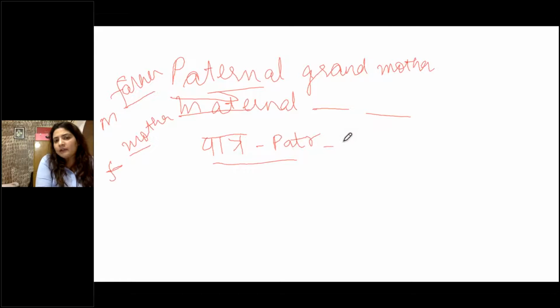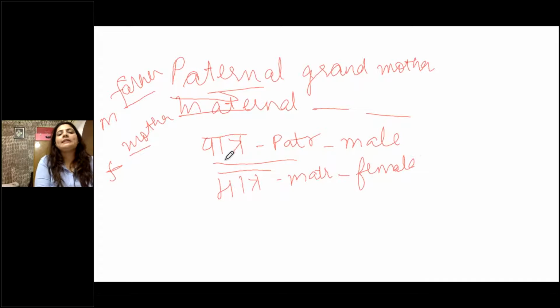Pita is father and the gender of father is male. Similarly, matra is a word that comes from the word mother. The gender of the mother is female. So hence I can say patra is male and matra is female.